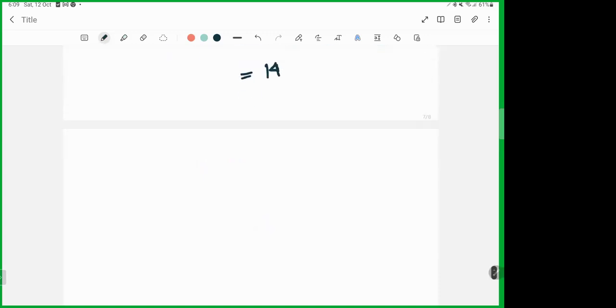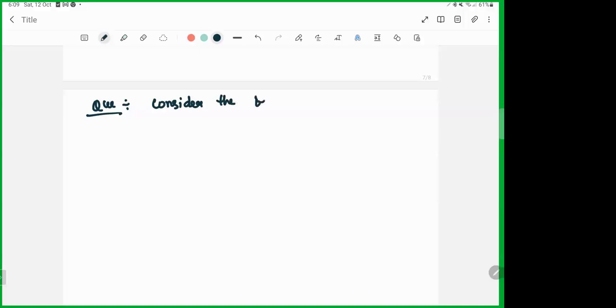This may be tricky, at least some part, I don't know because I didn't try. Consider the benzene molecule. We know benzene has 6 carbon and 6 hydrogen, C6H6.